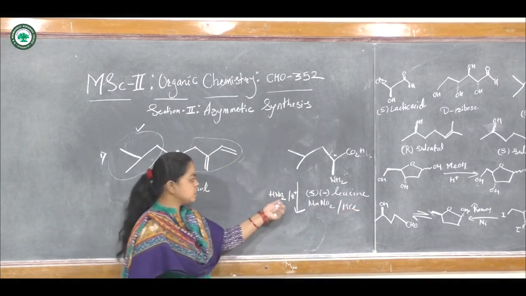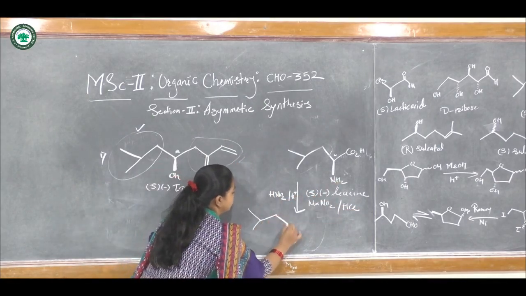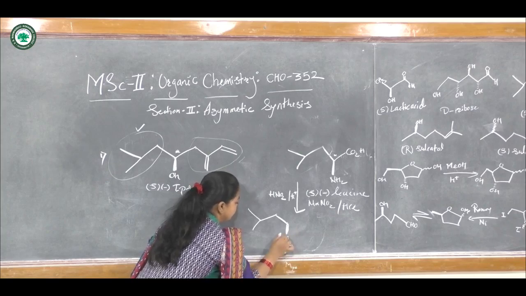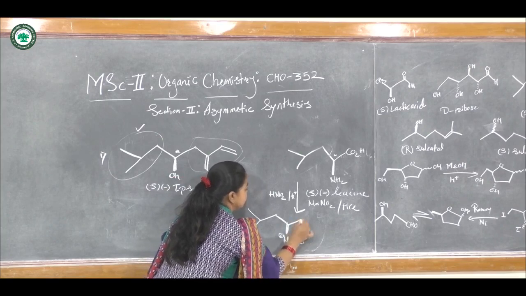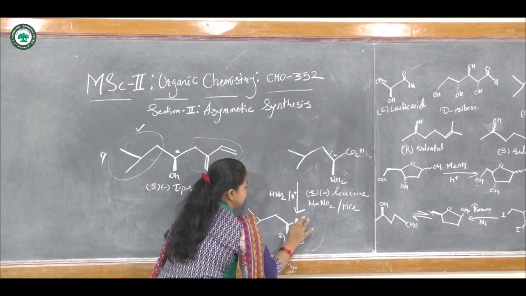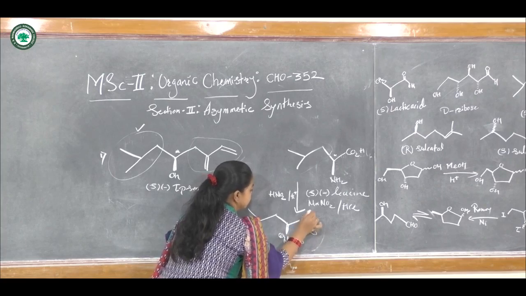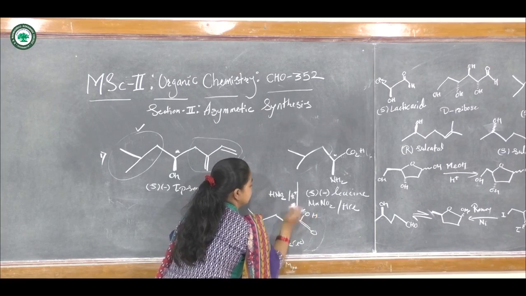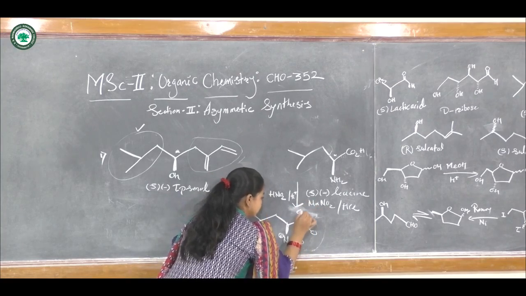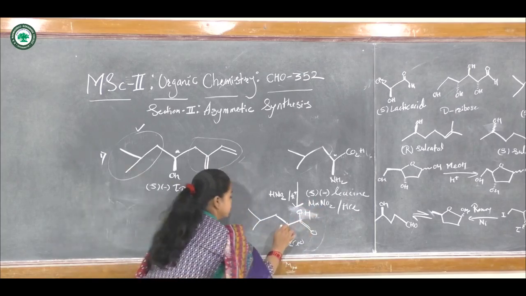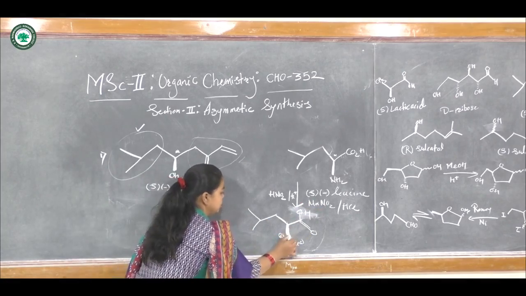This nitrous acid reacts with the NH2 group, and we get the N2Cl diazonium salt. So the NH2 group is converted into N2+, and it can be easily removed here.